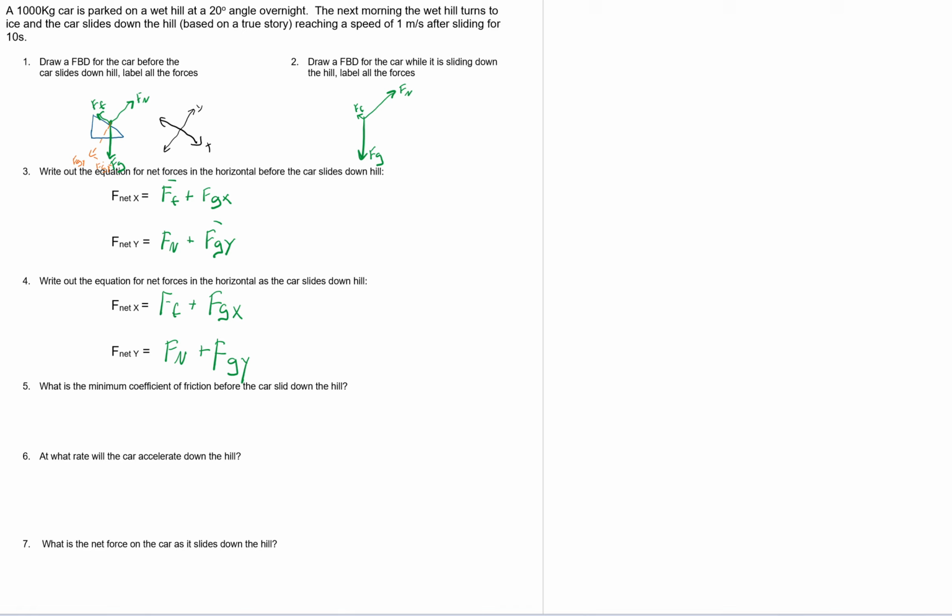Okay, so we're going to have to do a couple things to come up with first force of gravity in the x. So in the x component, this is our angle, which is the same angle as the hill, which is 20 degrees. And we're looking at, for x, the opposite side. So it'll be sine of 20 times what the force of gravity would ordinarily be, which is mass times gravity.